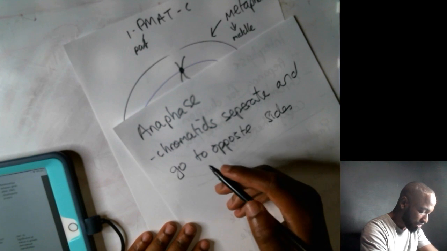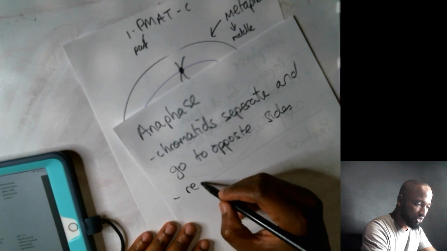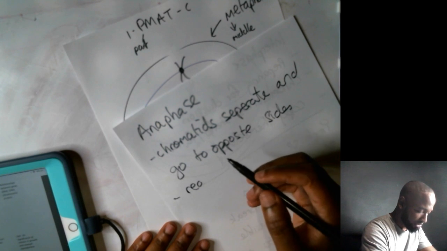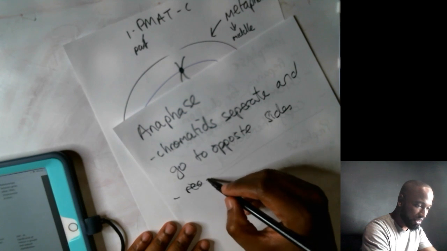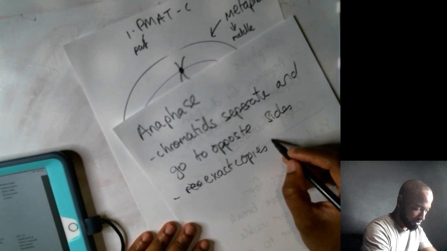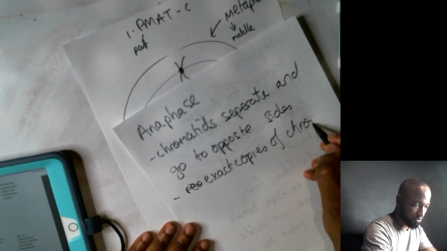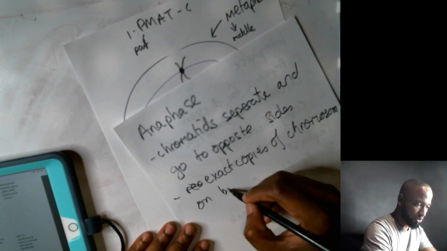You can just brush it up before Monday. And they go until they reach opposite sides, right? So we have exact copies of chromosome on both sides.